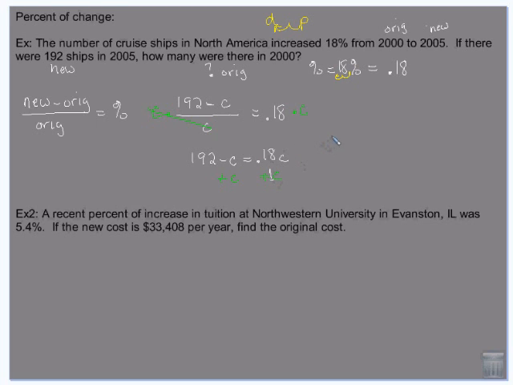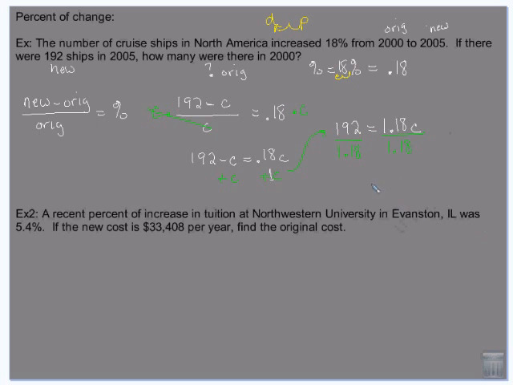Does that make sense? So I'm going to have 192 is equal to 1.18 C. Divide by 1.18. So 192 divided by 1.18.